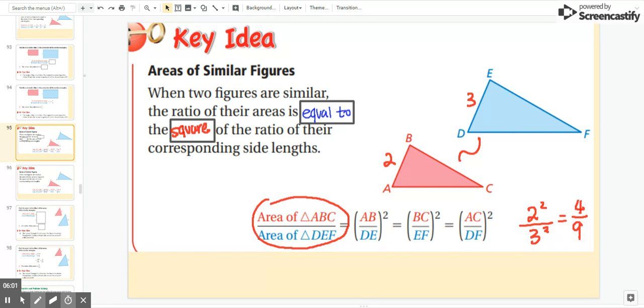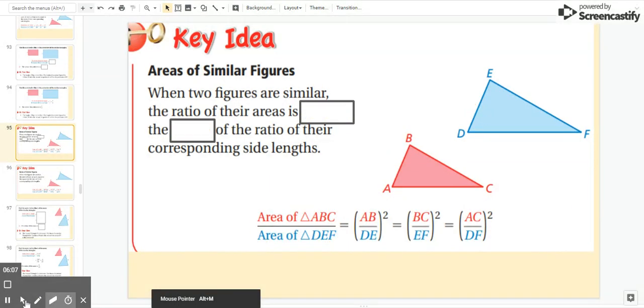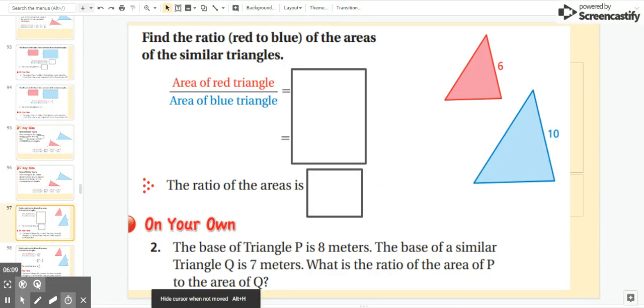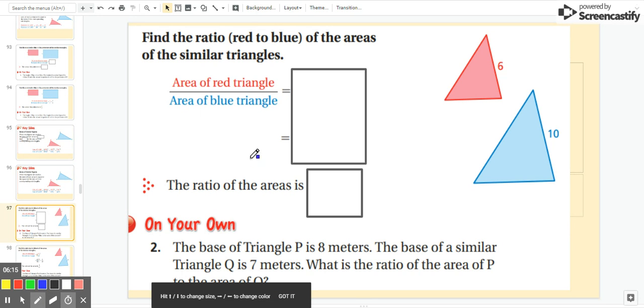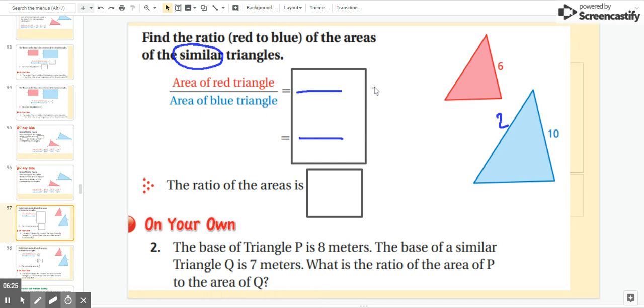Let's look at an example and try to understand this. Find the ratio of the areas of the similar figures. I need you to circle the word similar. So we know that these are similar. If two shapes are similar, you can compare the area right away.